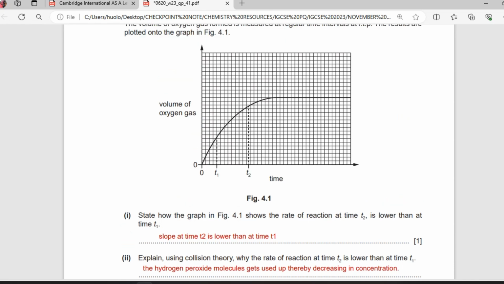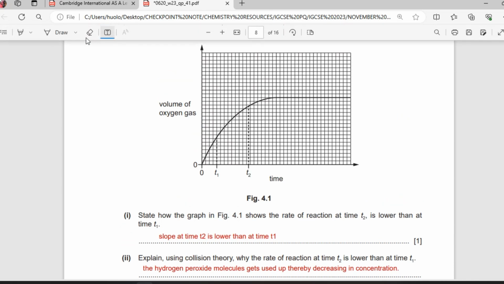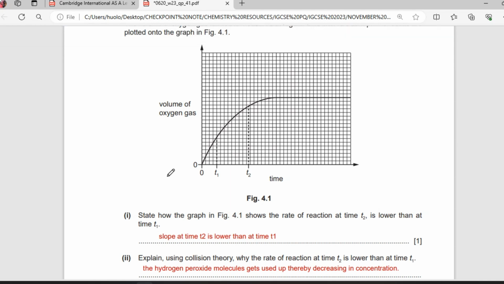Okay, so at a higher temperature, we expect a steeper slope. Since every condition stays the same, it's the same reaction, with the same concentration of hydrogen peroxide, the same amount of catalyst, the same surface area of catalyst. Now we expect a steeper slope.